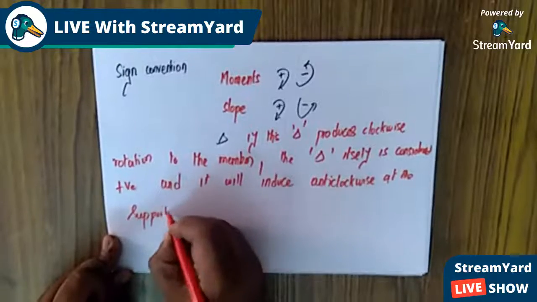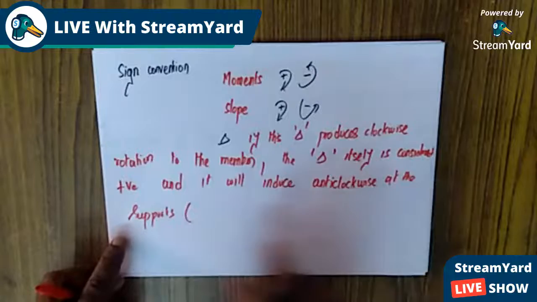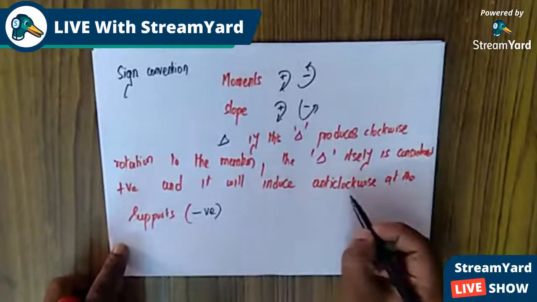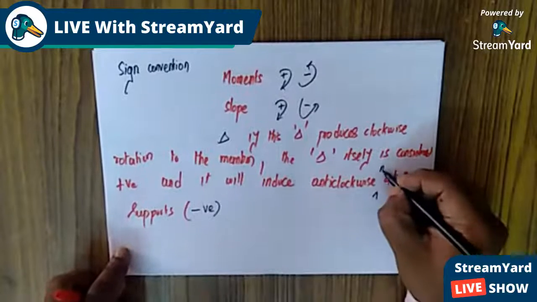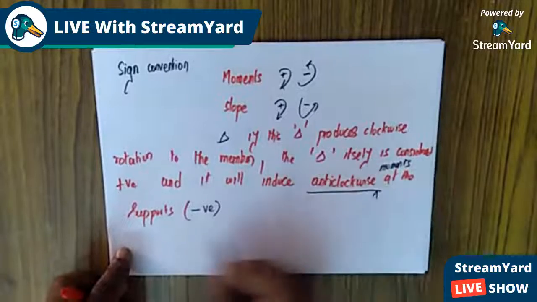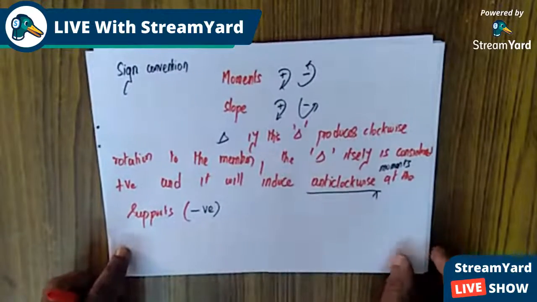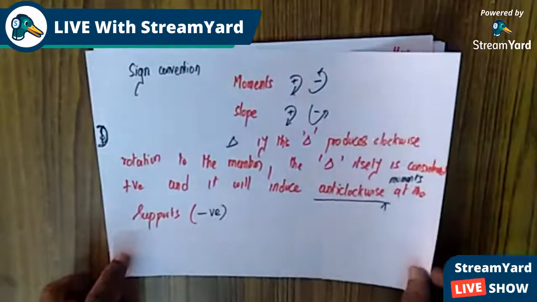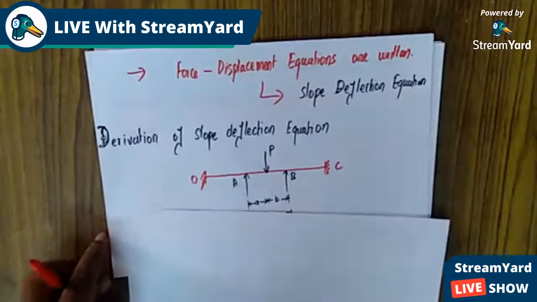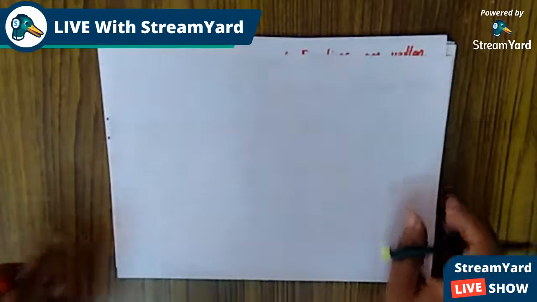I am writing this very briefly since this point will be well observed only through a written statement: anti-clockwise moments, that is, the negative moment, it will produce. So using this sign convention and taking the continuous beam, we are going to derive the slope deflection equation.